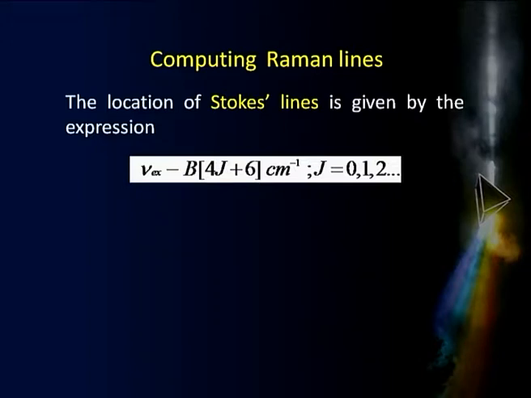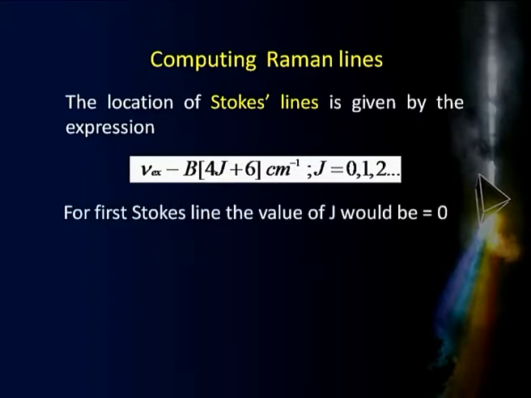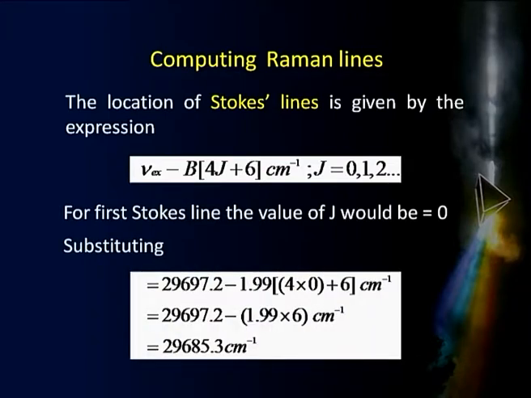Since my objective is to locate the first Stokes line, it will come when j is 0. I substitute the values of excitation frequency, rotational constant B and the quantum number, and I get the value to be 29685.3 centimeter inverse. So, I know where I am going to get my first Stokes line.